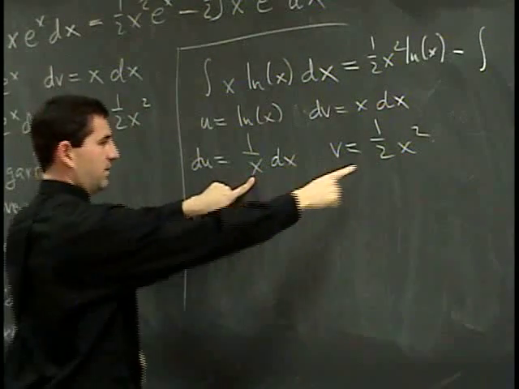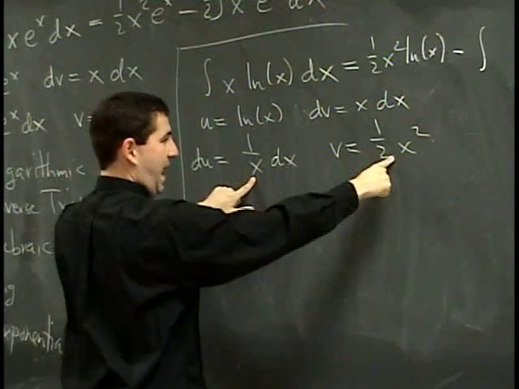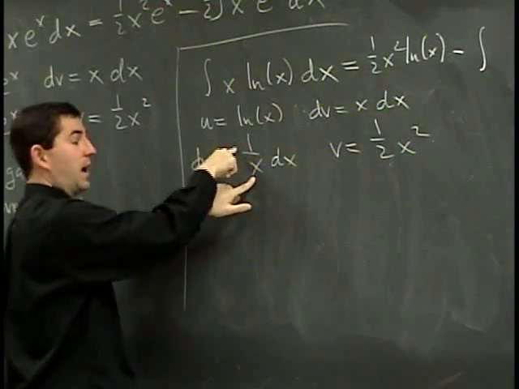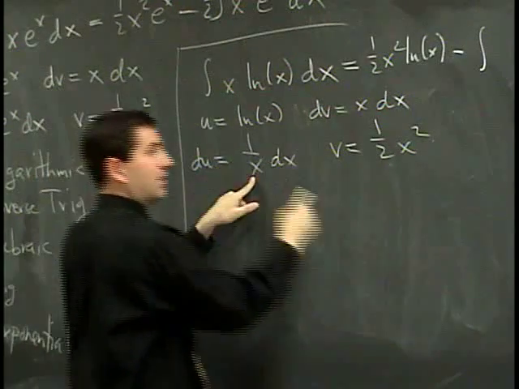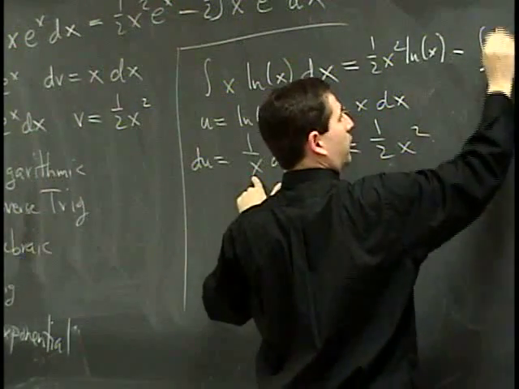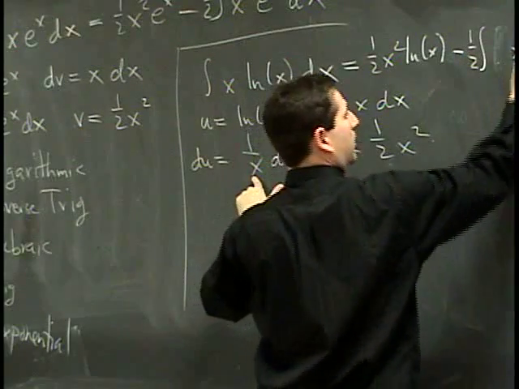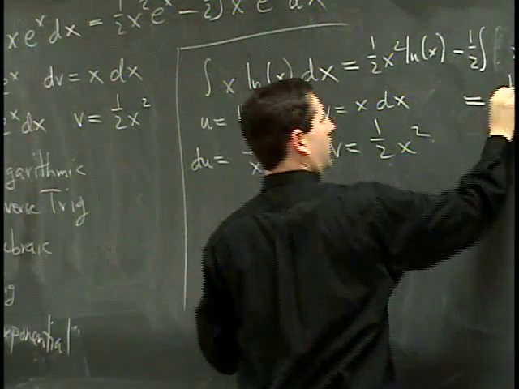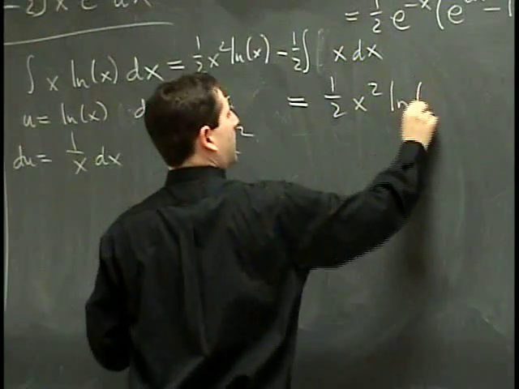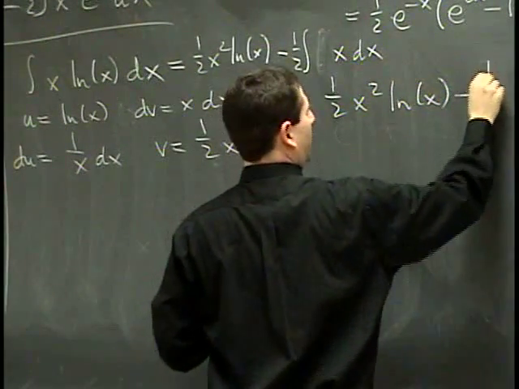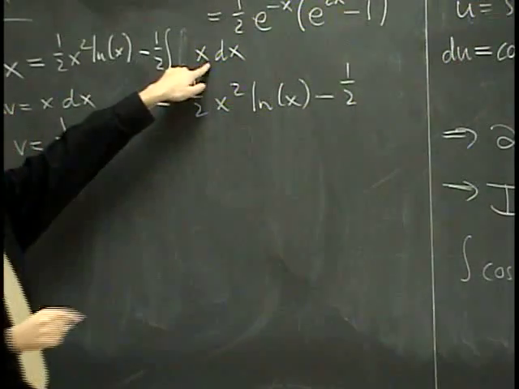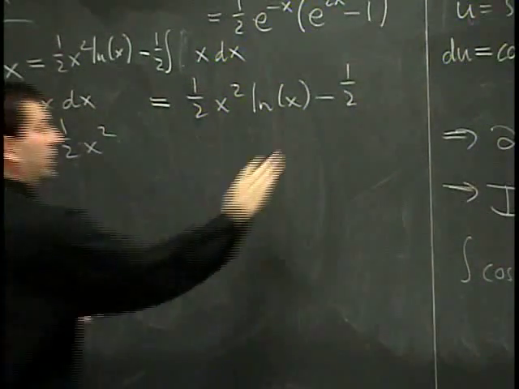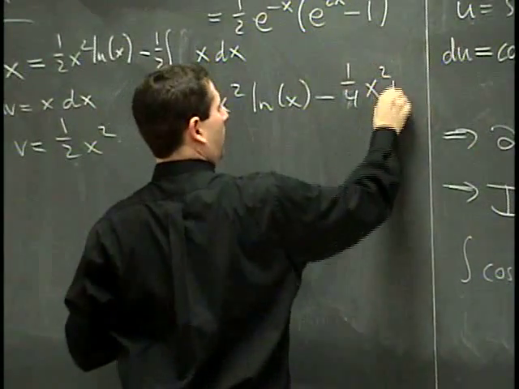When we multiply these, v du becomes a half x squared times 1 over x, which is just a half x. And this we can do. A half x squared ln of x minus, let's see, we get a half, and then the integral of x is another half x squared, so we get a fourth x squared.